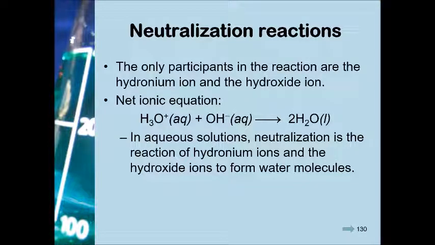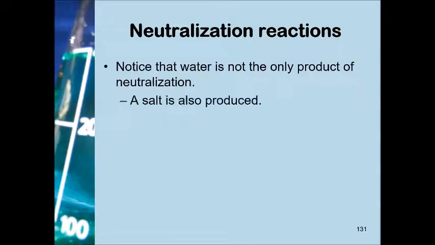We have the salt, but the actual, so notice that water is not the only product in that. We did have that salt. And so every neutralization reaction produces a salt.